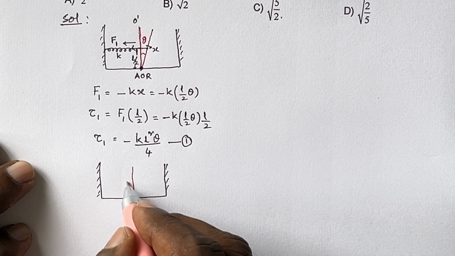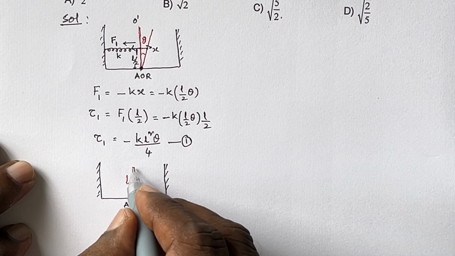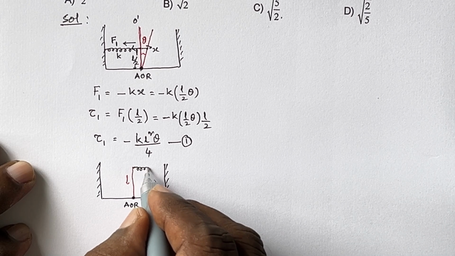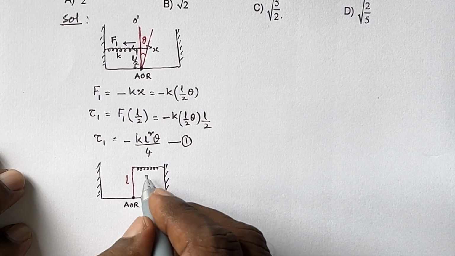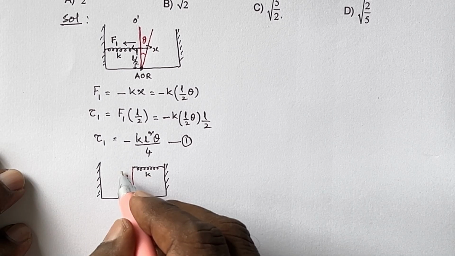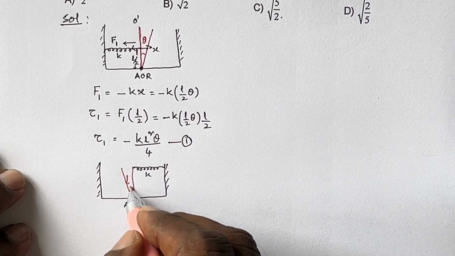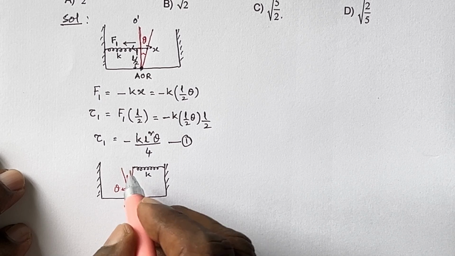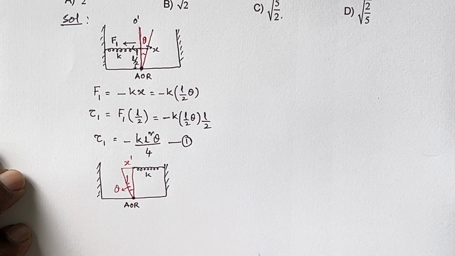The length of the rod is L. At the top, the spring is fixed. This is spring 2, and this spring constant is also K. If I make a small angular displacement theta, then this is x dash.